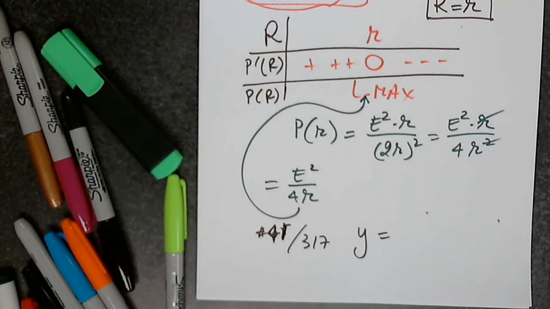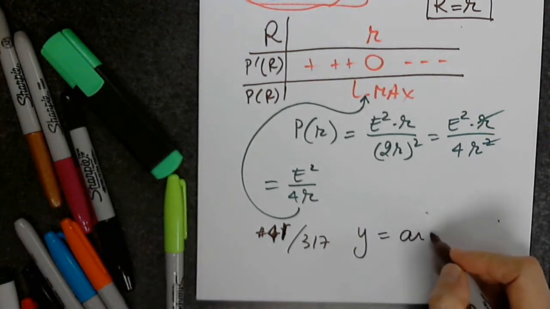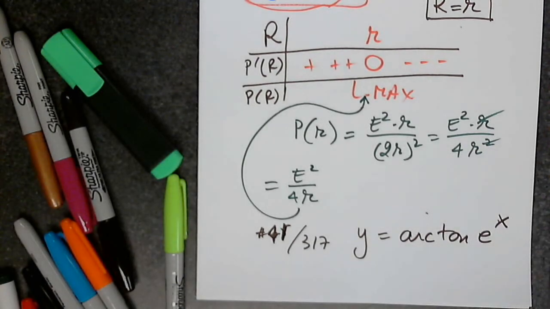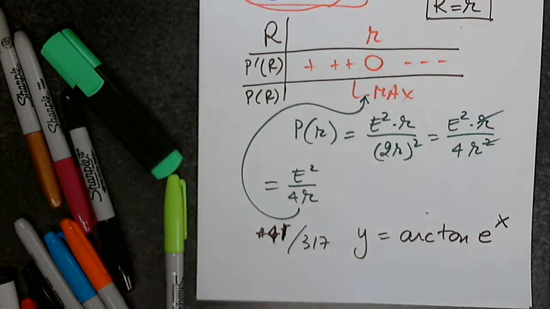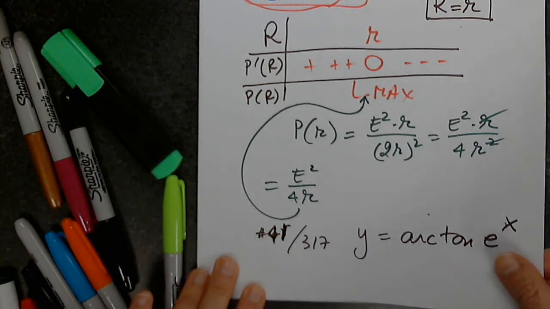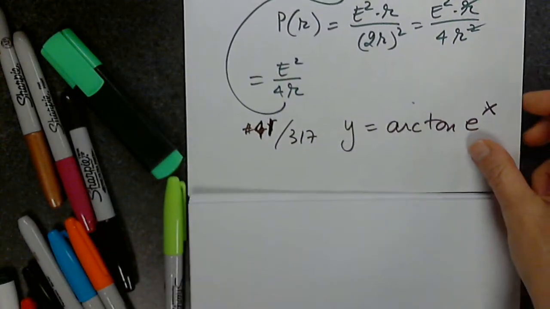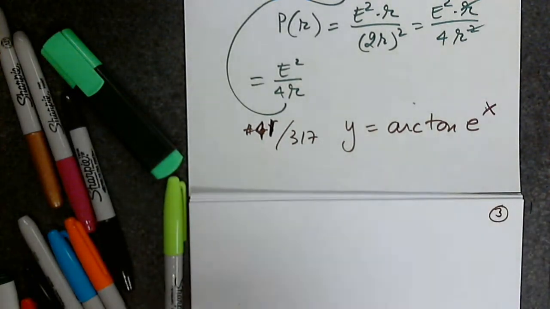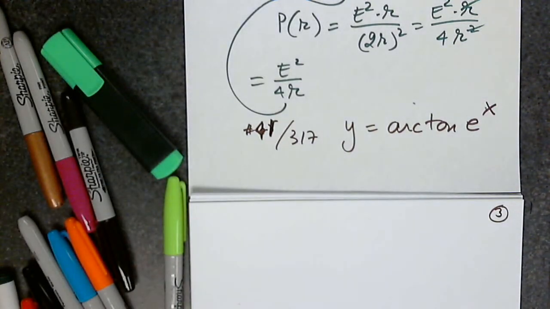So y equals arctangent e to the x. Arctangent e to the x. Very good. So the question here in this section is asking us to show everything and graph it. Okay, perfect.